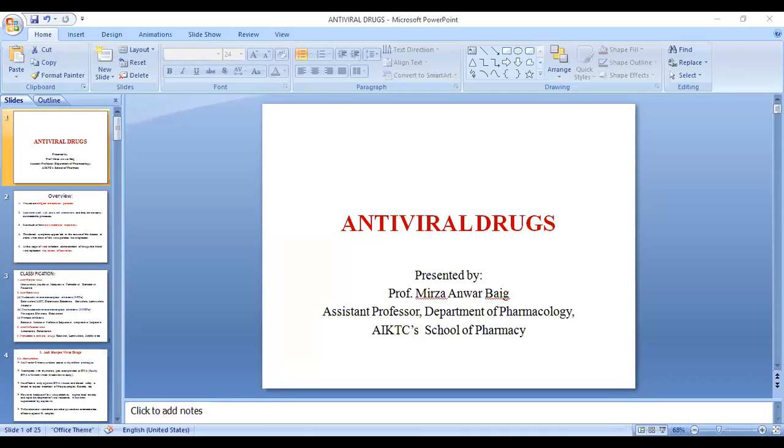You will observe the clinical symptoms after four or five years of infection. So this is the problem: we are not able to diagnose it as early as possible. This is also one of the challenges with antiviral therapy.